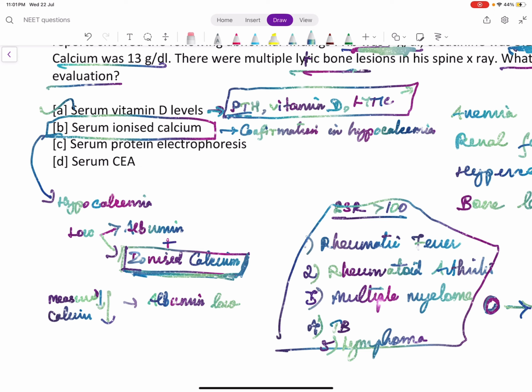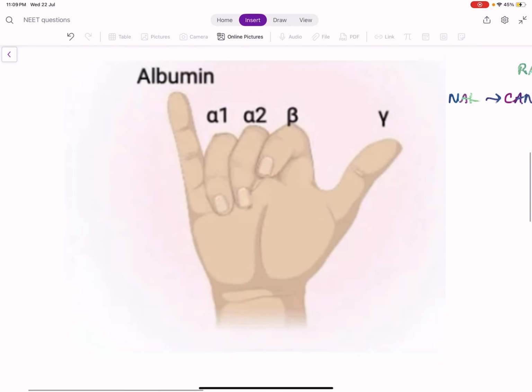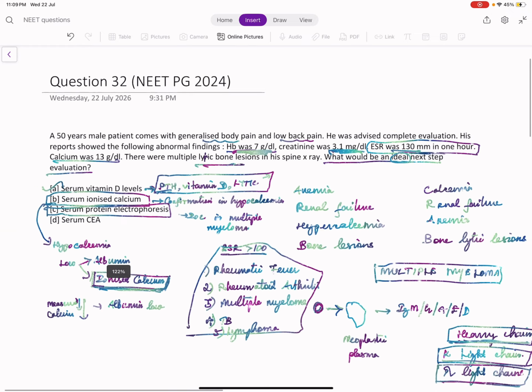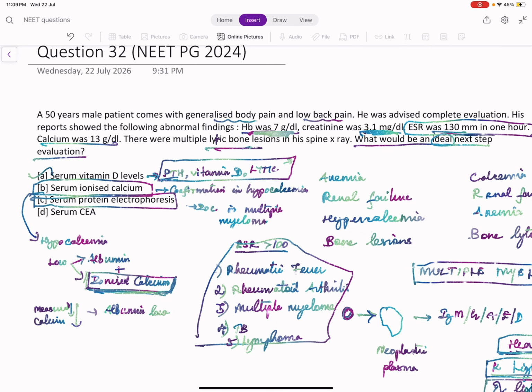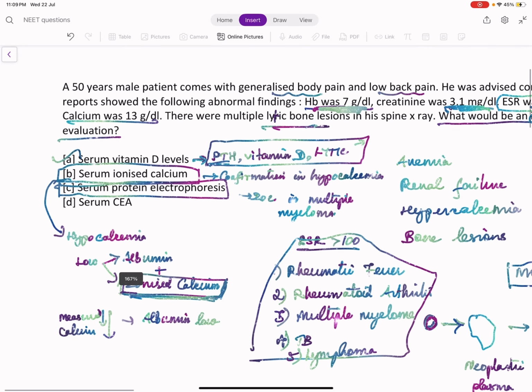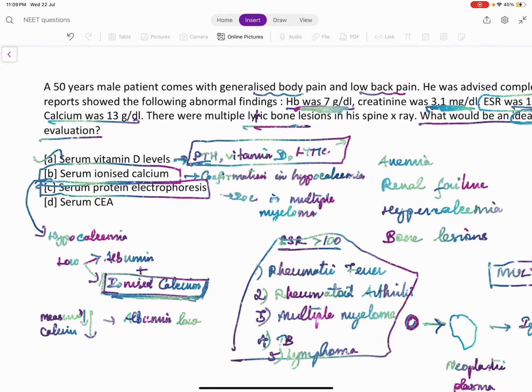Next is serum protein electrophoresis. This is the investigation of choice in multiple myeloma. So that is the next step, serum protein electrophoresis.